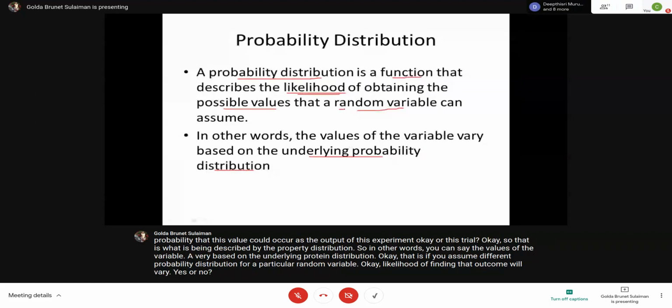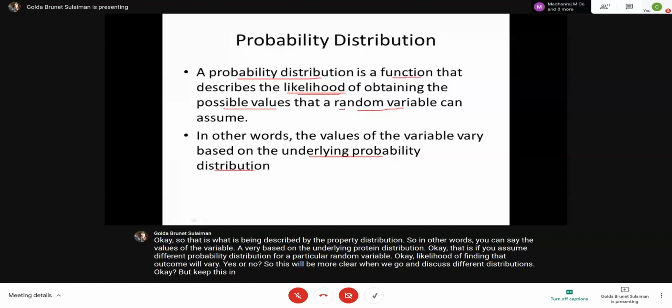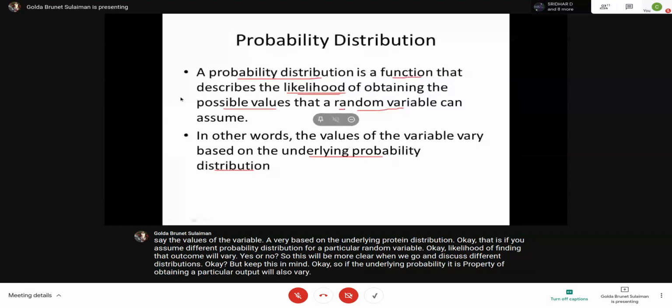Yes or no? So this will be more clear when we go and discuss different distributions. But keep this in mind. If the underlying probability distribution varies, then the probability of obtaining a particular output will also vary.